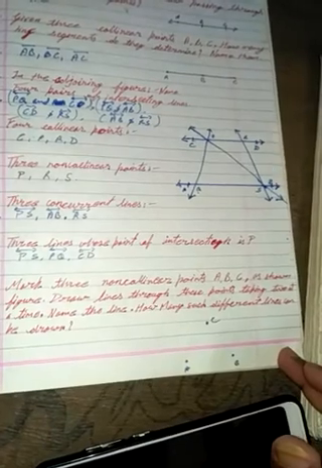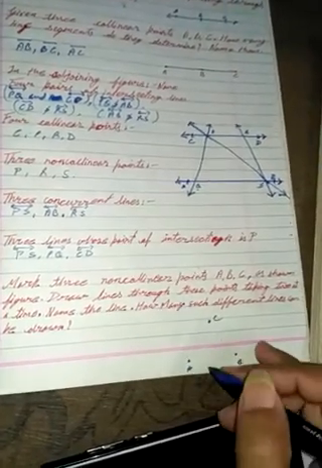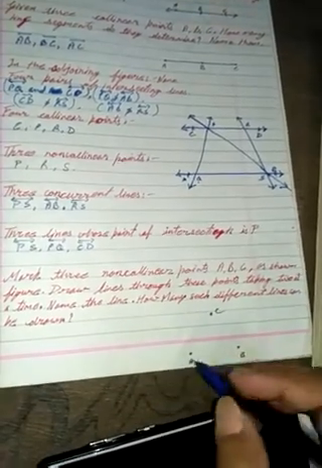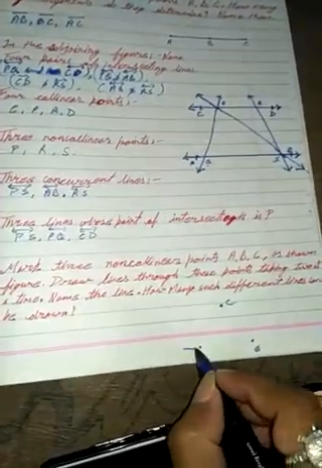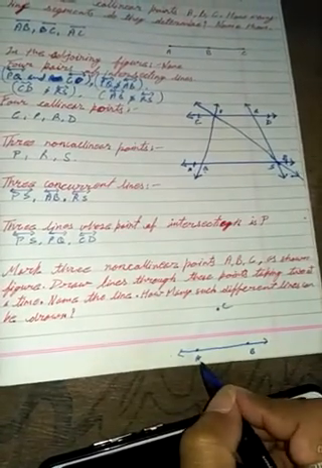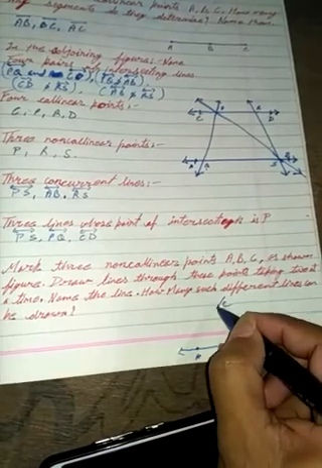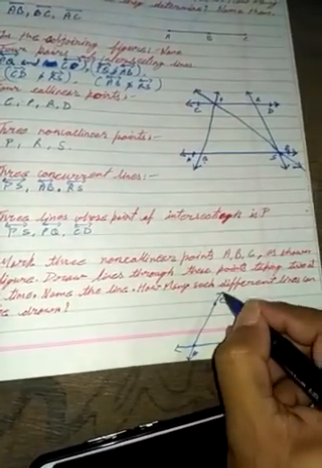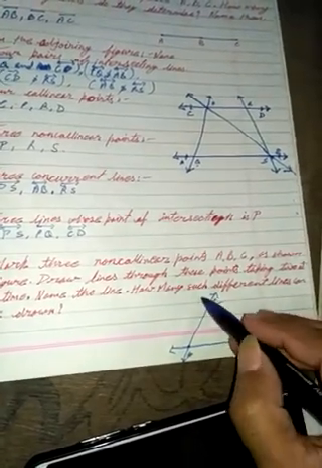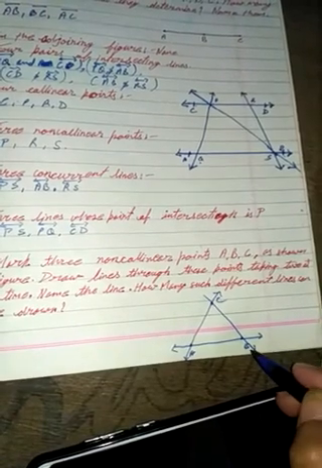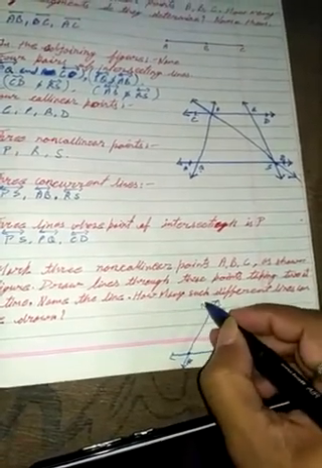Now first we draw the lines through these points taking two at a time. First we draw a line. We take two points A and B. Now we draw another line. Now we draw one more line. Okay.